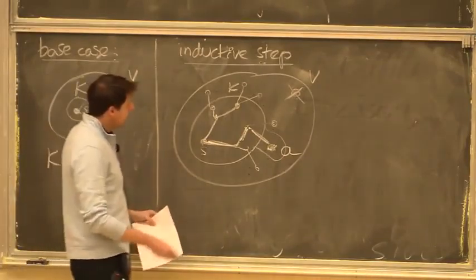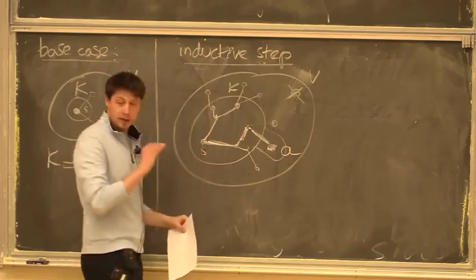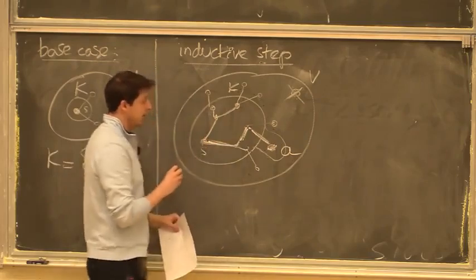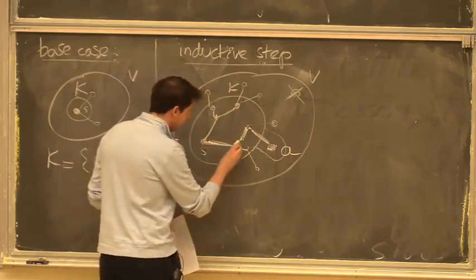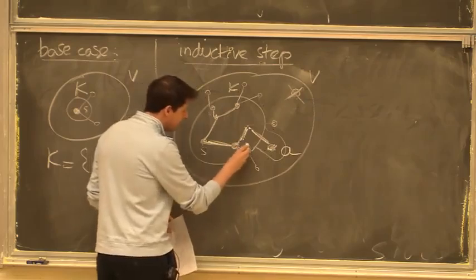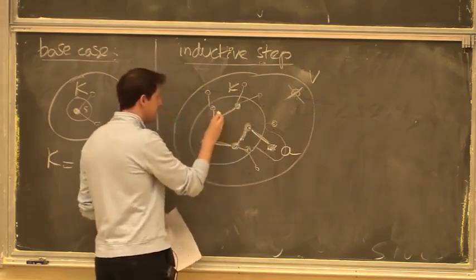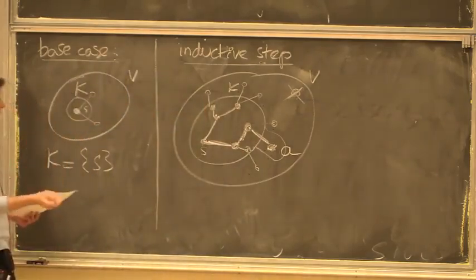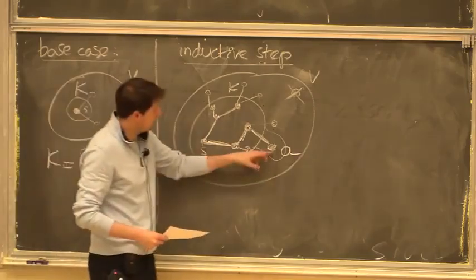Look, the algorithm already knows literally the distance between anything in K and S, right? So we have this distance, we have this distance, we have this distance, we have this one, all of these, right? Now, we could just consider one by one each of these.